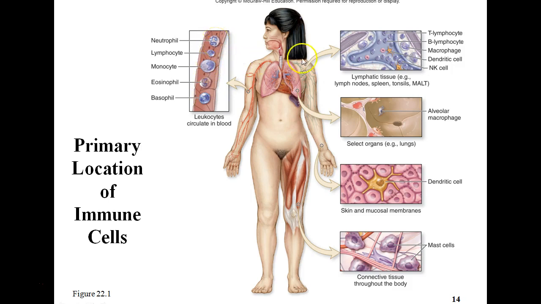We might find many of these in lymphatic tissue, such as spleen, tonsils, MALT, etc. Here's an example of a macrophage in the alveoli of the lungs. Here's our example of the dendritic cell within the skin and mucosal membranes, our first line of defense, so to speak. And then again, these mast cells that reside within the connective tissue throughout the body.